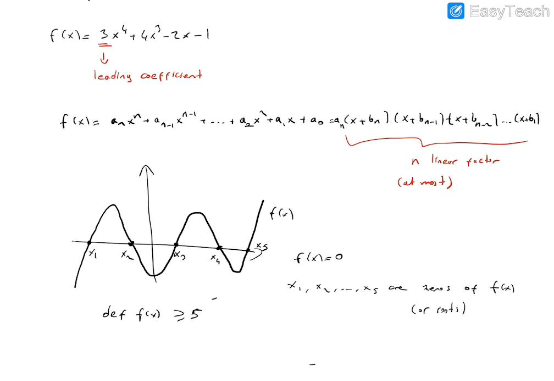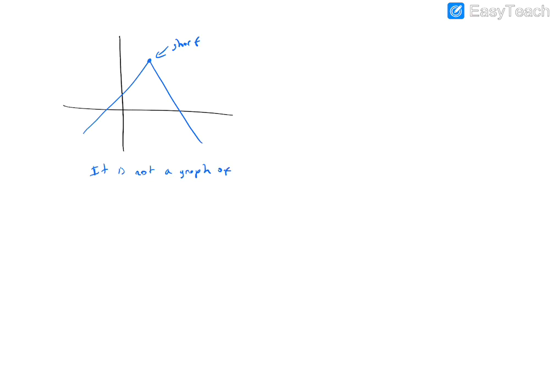Also, the graph of a polynomial has no sharp corners. What does that mean? Again, without raising our hand, we sketch this graph, but there is a sharp corner here, so it is not the graph of any polynomial.